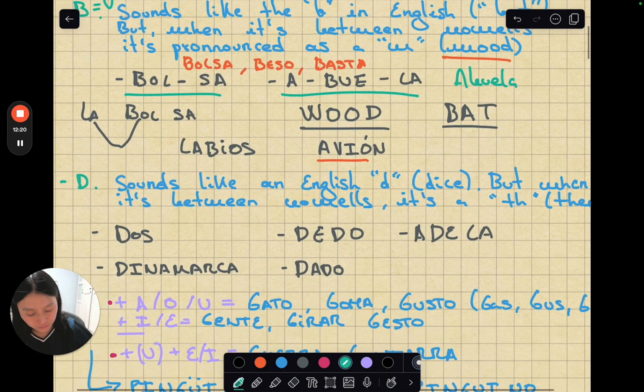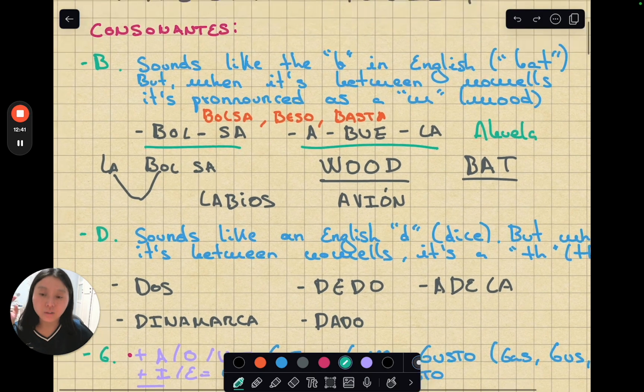So for example, let's say the word lips. Labios. It's not labios, it's labios. Labios. Okay? All right. Okay. So that's the B.